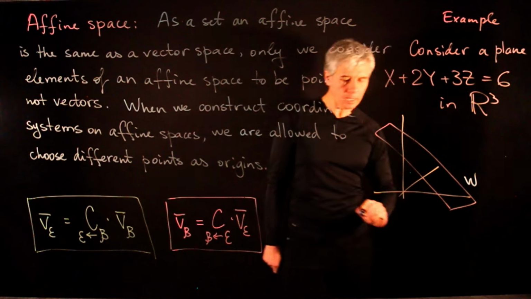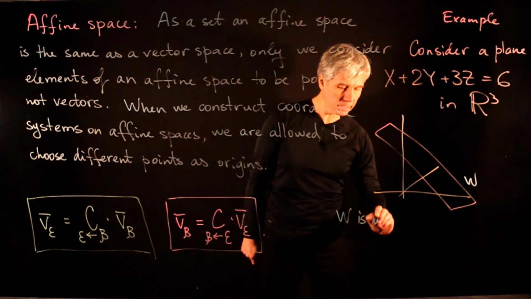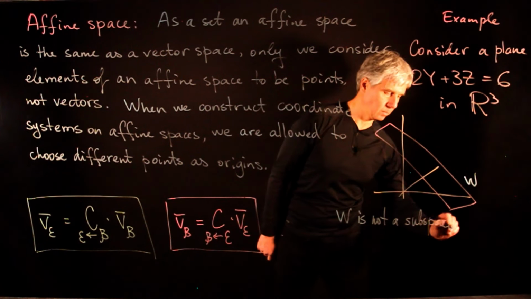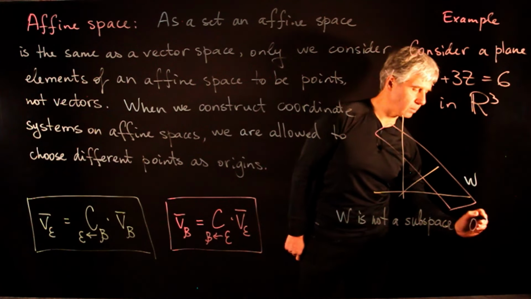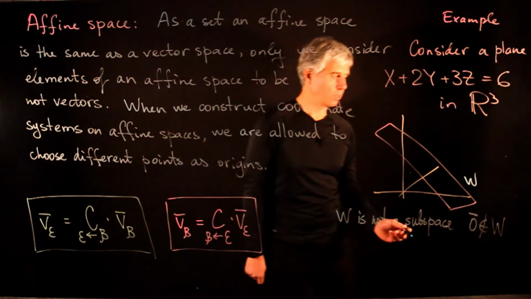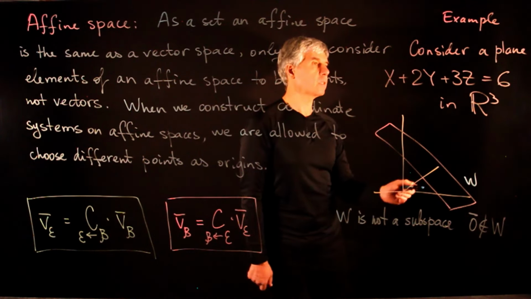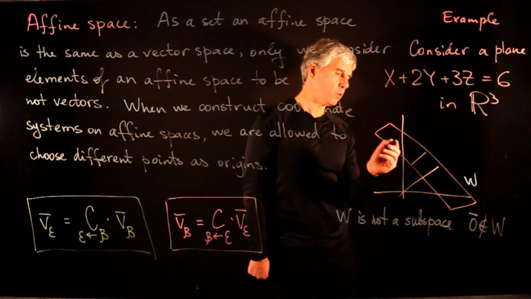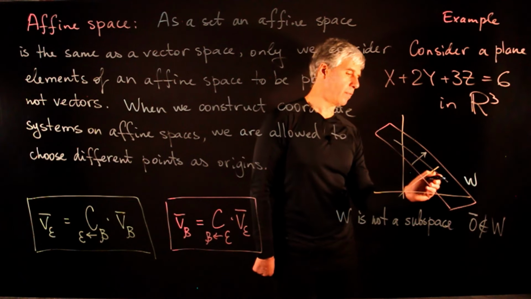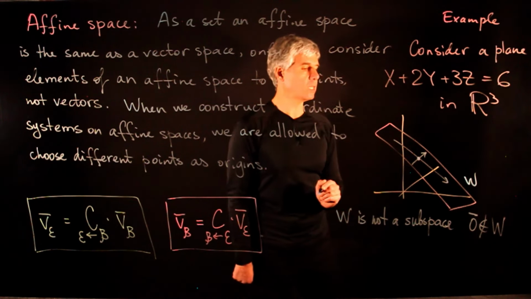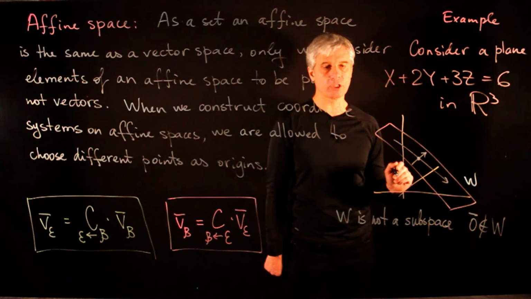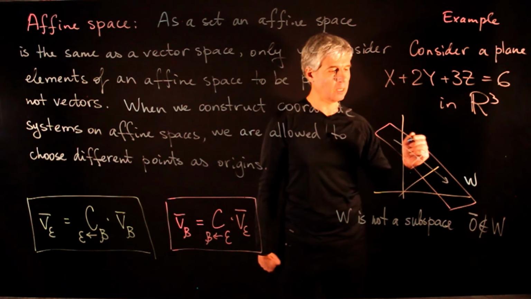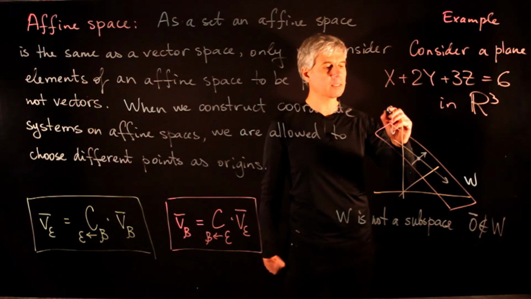So this plane W is not a subspace because the zero vector does not belong to W. So this means that this plane is not a vector space. Still, if we need to, we can create a coordinate system on this plane by choosing an arbitrary point of the plane as the origin. This tells us that we cannot treat W as a vector space, but we can still treat it as an affine space.